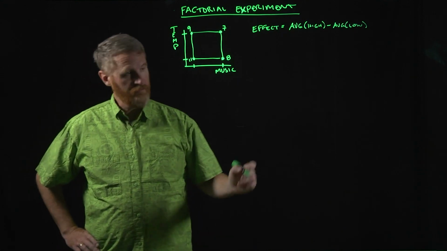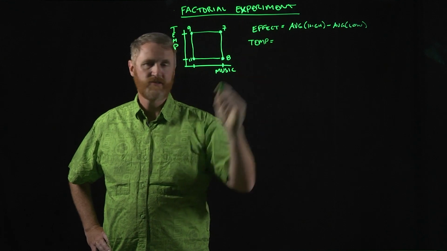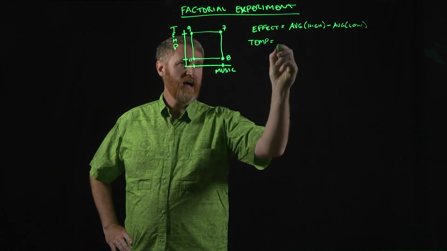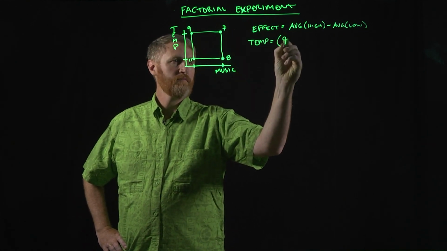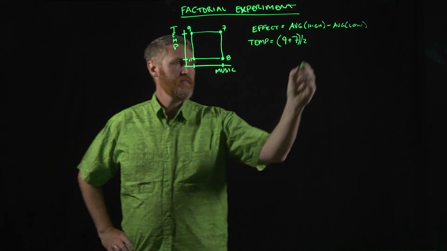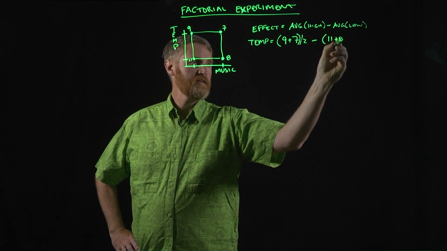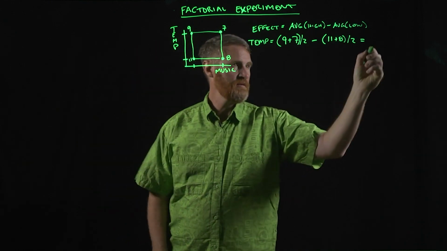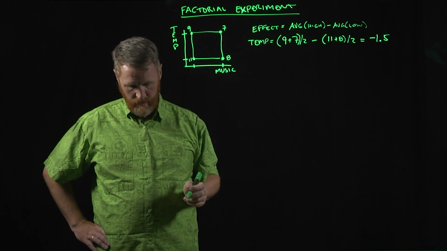So for temperature, let's see what is the impact that temperature has on this process. Well, the average of the high would be when the temperature is high, so that would be 9 plus 7 divided by 2. And then the average of the low would be 11 plus 8 divided by 2. And that's going to end up equaling negative 1.5. Okay?